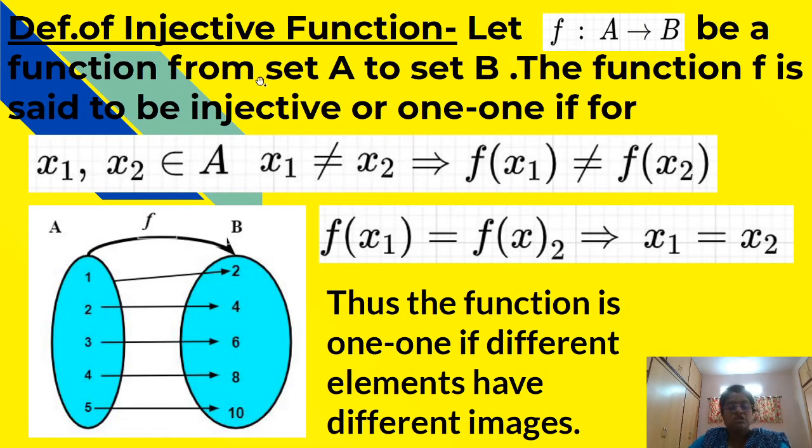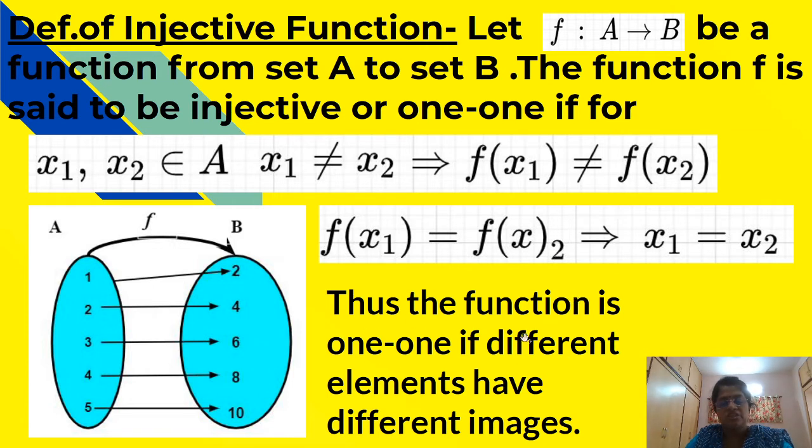Now see what is the definition of injective function. Let f from A to B be a function from a set A to a set B. The function f is said to be injective or 1-1 if for x1, x2 belongs to A, where x1 is not equal to x2, implies f of x1 is not equal to f of x2, and f of x1 is equal to f of x2 implies x1 is equal to x2.